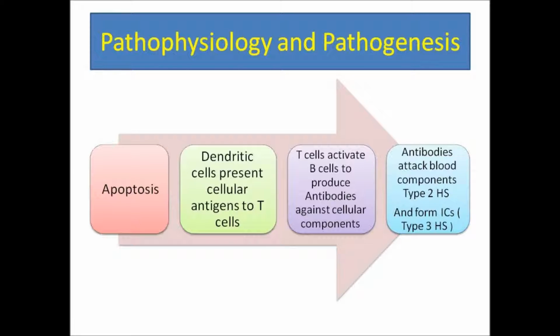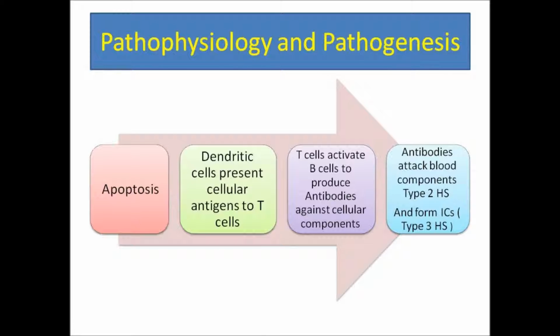Then T lymphocytes will activate the B lymphocytes to produce antibodies against self-antigens, against the cellular components. These antibodies will attack blood components, the RBCs, platelets, and white blood cells, in a type 2 hypersensitivity reaction, in which antibodies attack self-antigens.